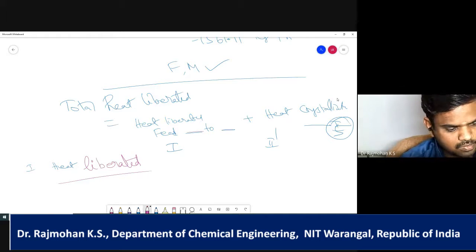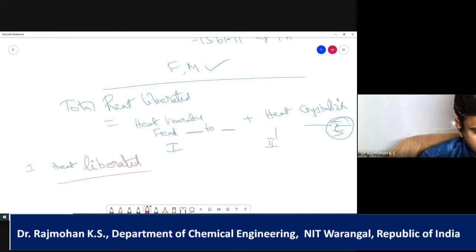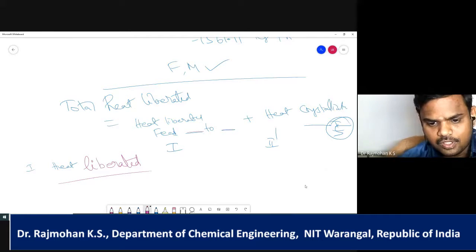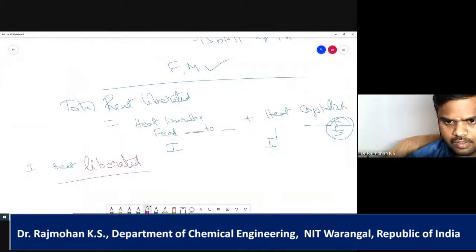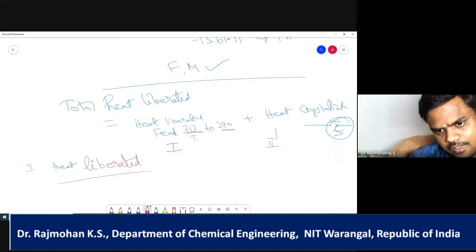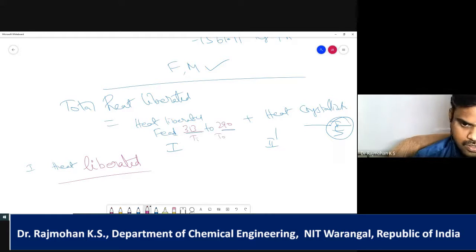The data is given. What is the data given? It is entering at a temperature and leaving at a temperature. Refer to the question: 313 Kelvin and 290 Kelvin. So that is our Ti, and this is our T naught.